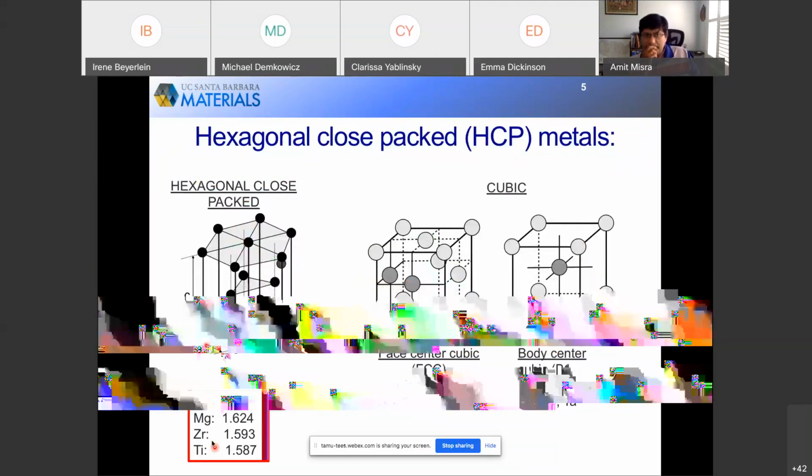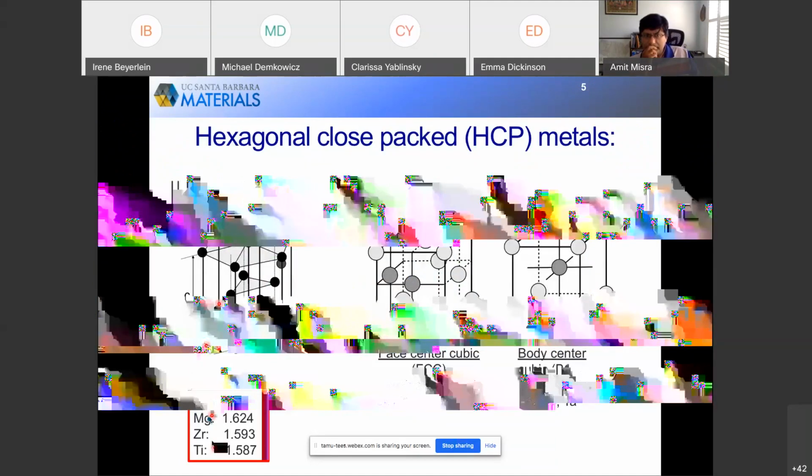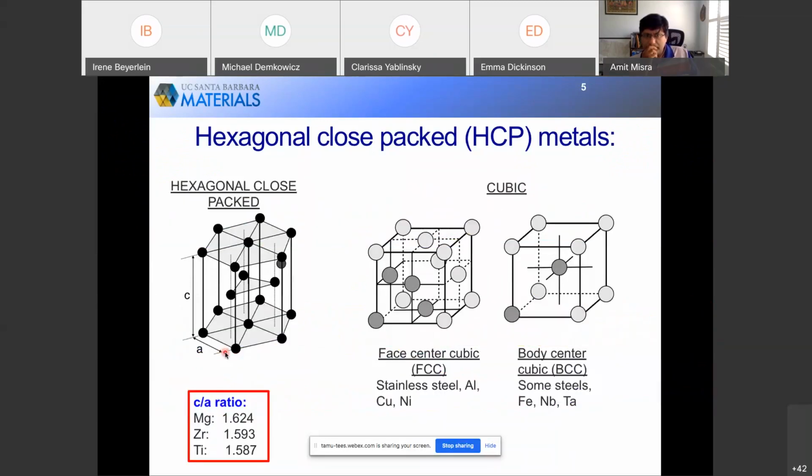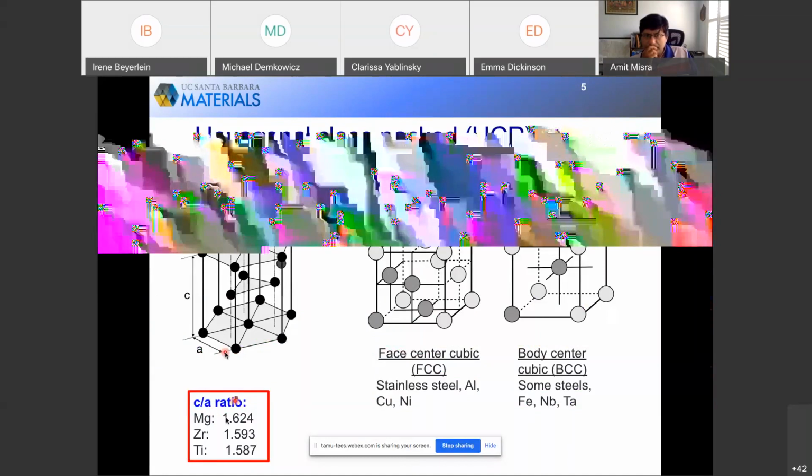Now the distance between close packed planes is just assigned to the C-axis, and the C-axis is not equal to the A-axis. So in most metals, that C to A ratio spans from about 1.5 to about 1.8.